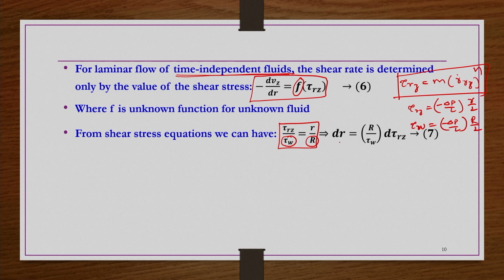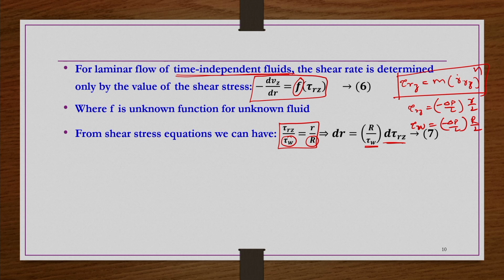If you differentiate either side, dr equals R by tau w d tau Rz, because as r changes from 0 to capital R, tau Rz is also changing. In capillaries the change is small, but it is there, so you cannot take it as a constant.